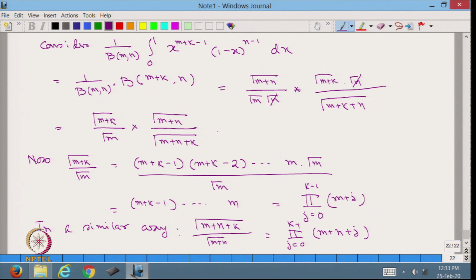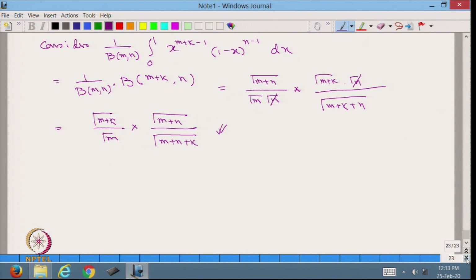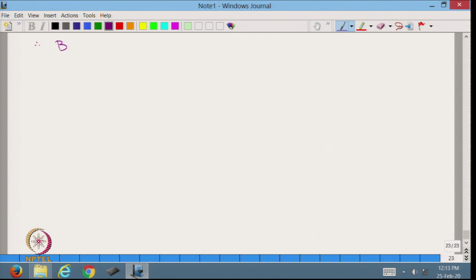Now, in this we are going to place these two terms. Therefore, β(m+k,n)/β(m,n) is equal to the product over j from 0 to k-1 of (m+j)/(m+n+j).